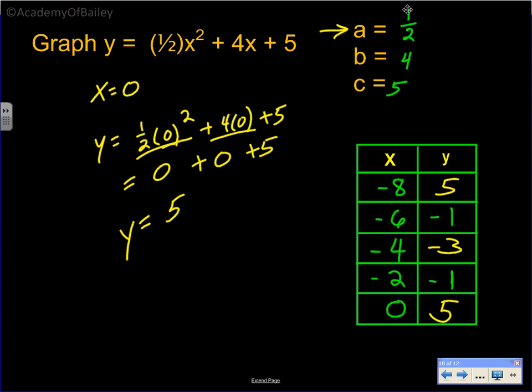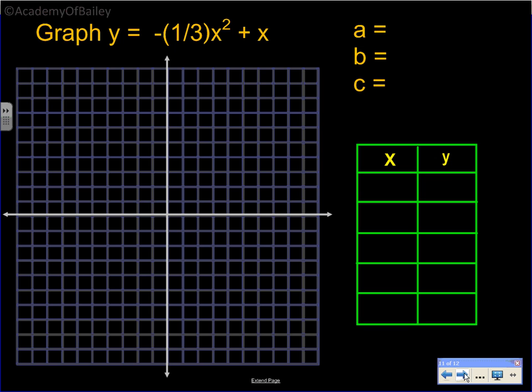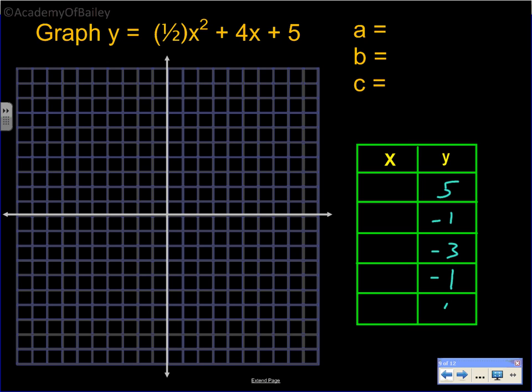So now we can go ahead and graph these 5 points. The y values are 5, negative 1, negative 3, negative 1, 5, and here are the x values. Remember, a is positive, so this will open up.